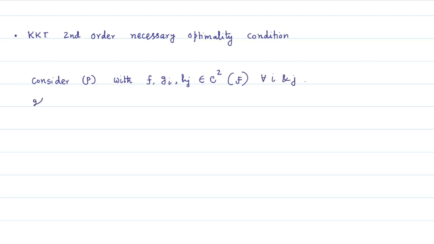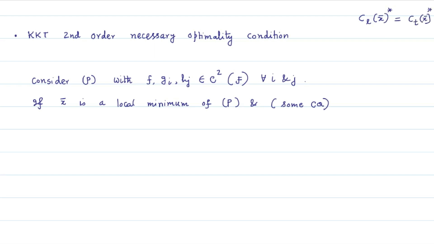Now, if the point x bar is a local minimum of the problem P and some constraint qualification holds, like the condition we have taken, the dual of the linearizing cone at the point x bar is equal to the dual of the tangent cone at the point x bar, if they are identical, then we have seen that if x bar is a local minimum point, then the point x bar must be a KKT point of the constrained optimization problem P.